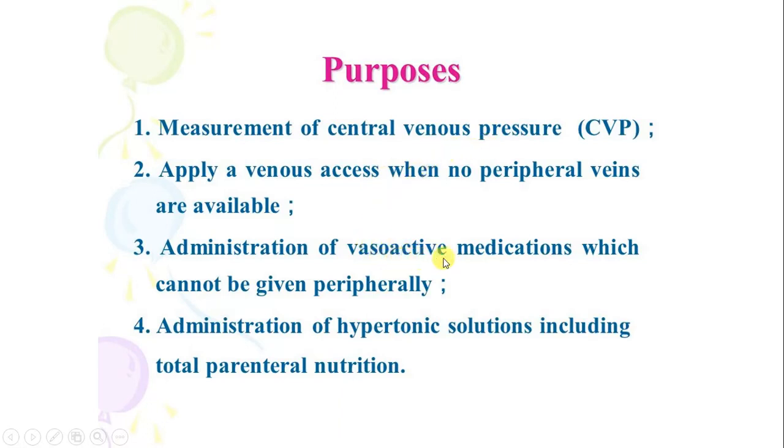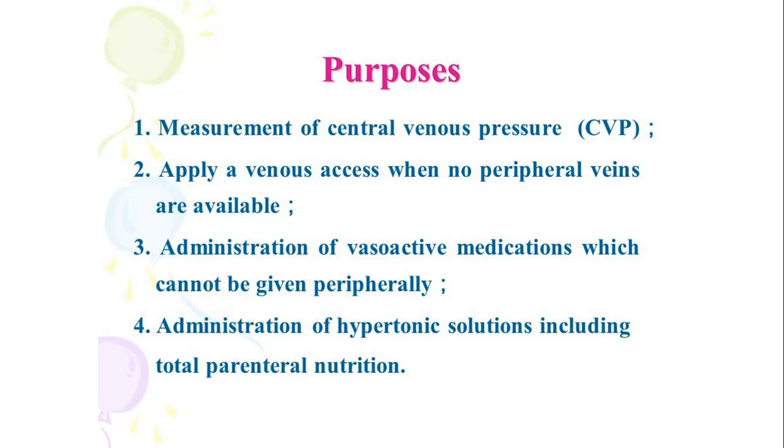Administration of the vasoactive medication which cannot be given peripherally, that is the life-saving drugs such as adrenaline, noradrenaline, other nitrates, they are given directly through the central venous line.